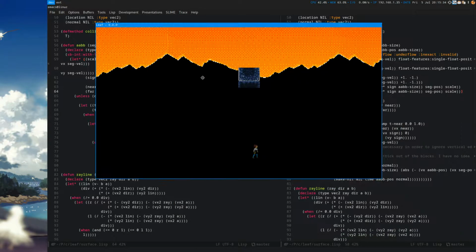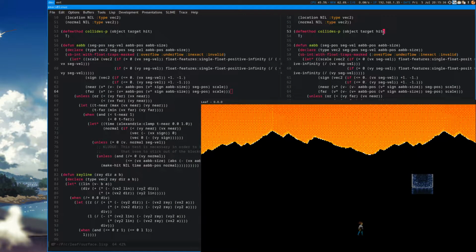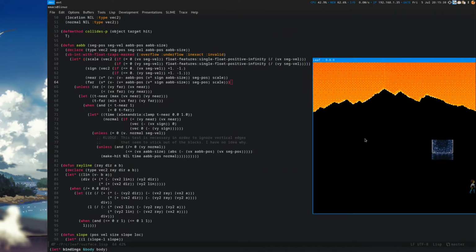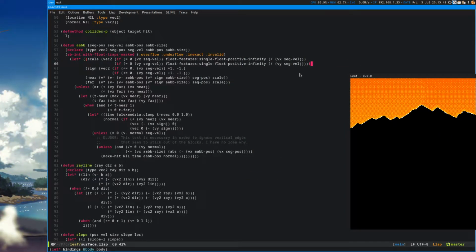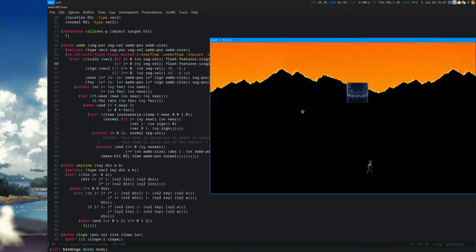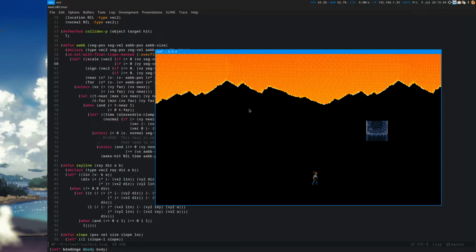Anyway, so that's good. Fixed a collision bug. How nice. Negative zeros are cool though.